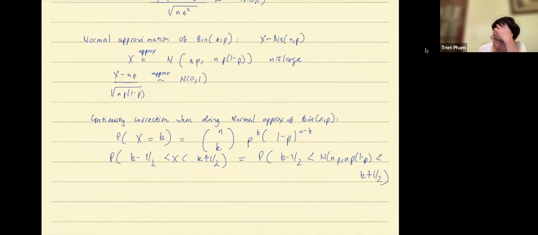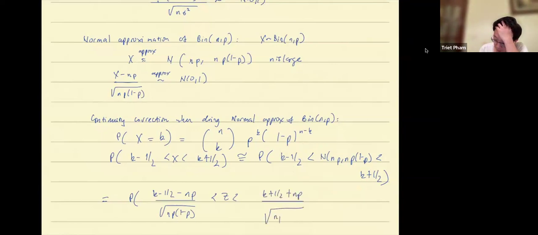And yeah, from here, you can do the Z transformation. Sorry, this is approximately, this is not equal. And now equal probability: K minus 1/2 subtract NP over square root of NP(1 minus P), less than Z less than K plus 1/2 minus NP over square root of NP(1 minus P).